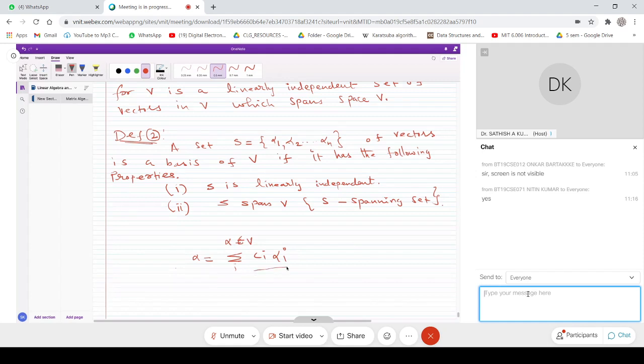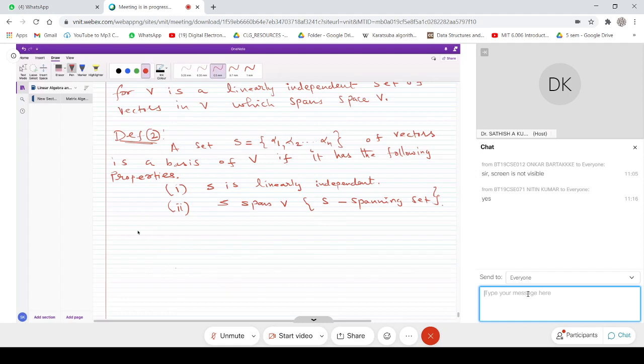If this expression is a unique linear combination, then you can conclude it is once again a basis. We don't need to get into that, because we'll mostly focus on these two things only. Because we know the concept of linear independence, one can easily verify that it is a linearly independent set, and then check whether it is a spanning set or not.